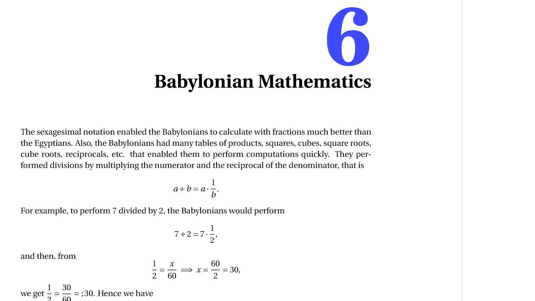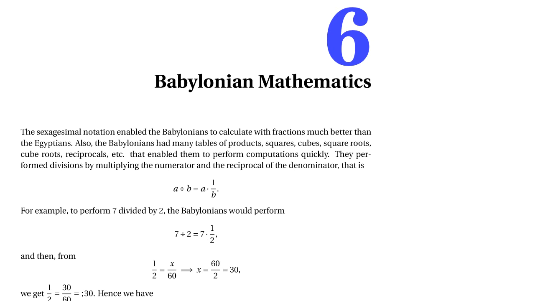In Babylonian math, they use this sexagesimal notation, which makes calculation much easier. Even though it looks very complicated, they have 60 different symbols for that base system. So this is a good comparison of how easy calculation is if you use a positional number system.